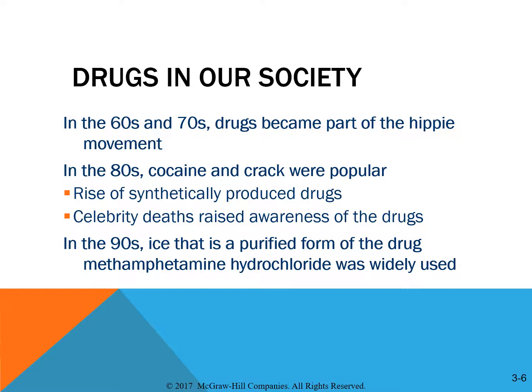The rise of synthetically produced drugs began during this time, and one of their early results was ice, or methamphetamine. Meth is a longer-acting, cheaper, and synthetically produced drug. It could be made in small homemade labs and gradually took the place of cocaine in popularity of use.